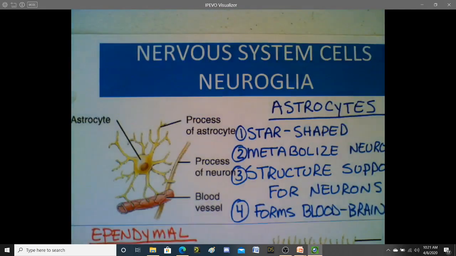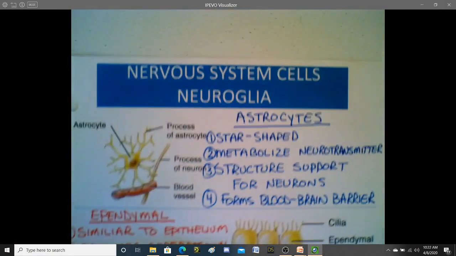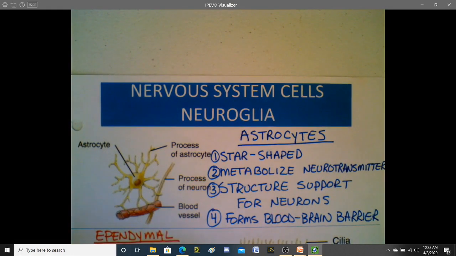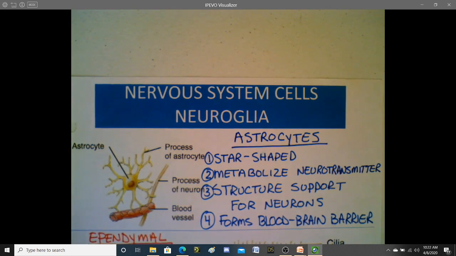All right, so here is handout 12B, and I just have each of these major glial cells separated into these handouts. So the first glial cell is called an astrocyte. Astrocytes are kind of star-shaped.